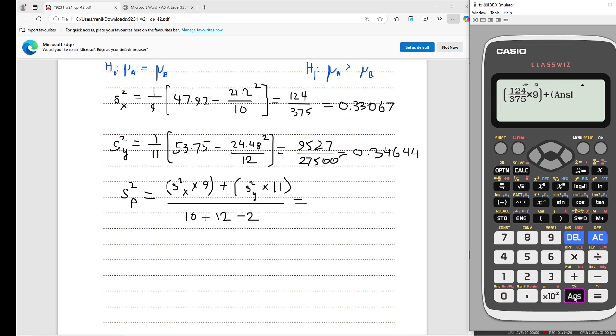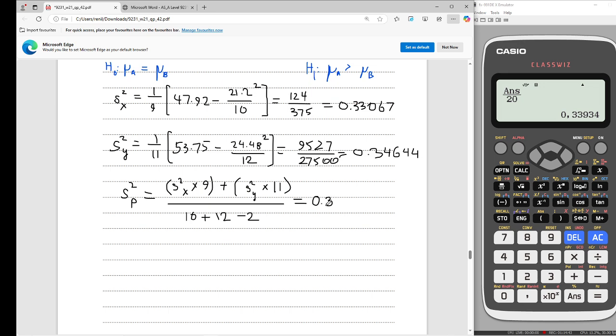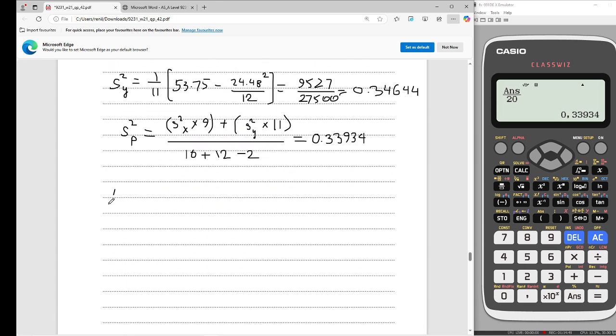I think I saved it as answer, so answer times 11, and then this is entirely divided by 10 plus 12 minus 2, so it's just divided by 20, and this is equal to 0.33934.